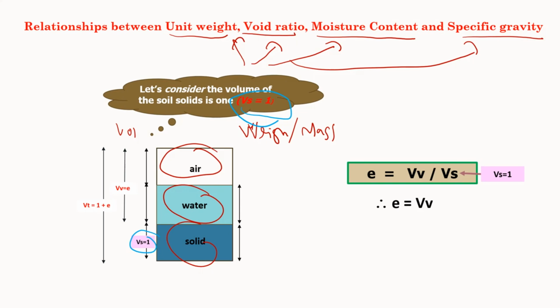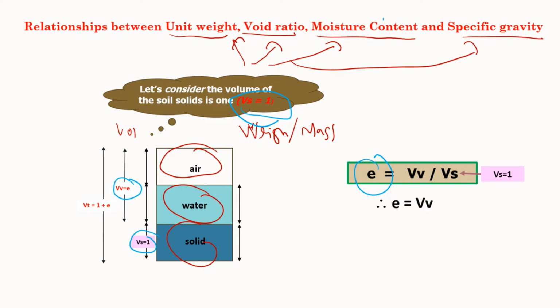Next, we normalize the void ratio. We know that the basic equation for void ratio is Vv over Vs. Since we already consider that Vs is equal to 1, the void ratio will be equal to Vv.